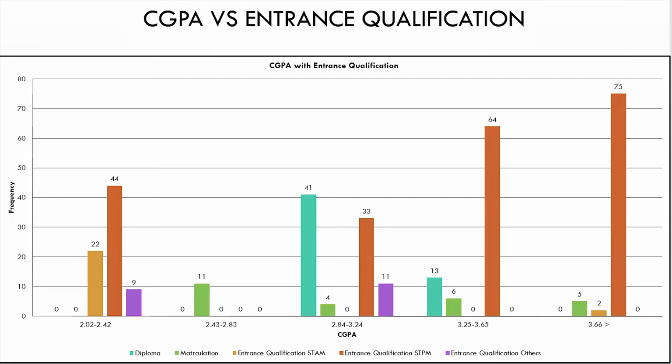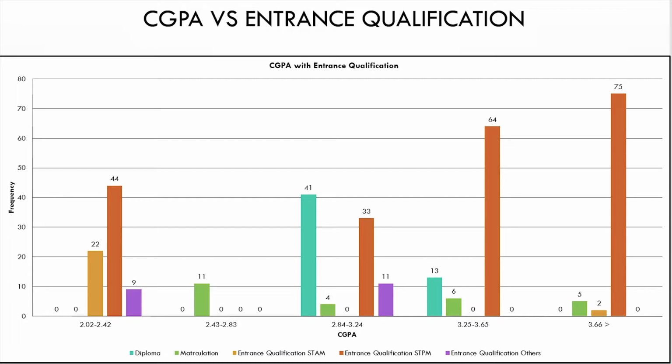For 3.25 until 3.65, the highest is from STPM, and for 3.66 and above, also from STPM. The lowest for 2.02 until 2.42 is 9% from others, other than diploma, matriculation, STPM and STAM.